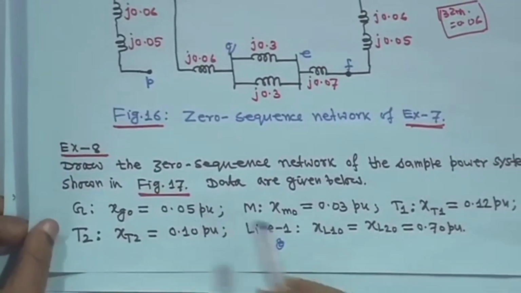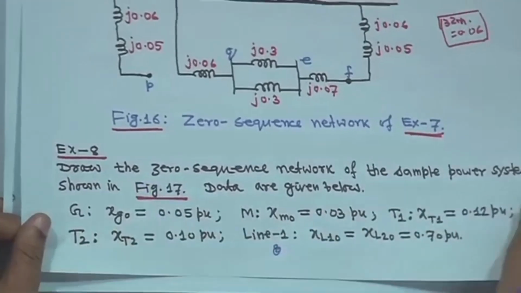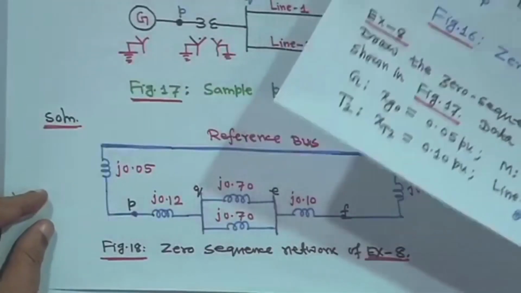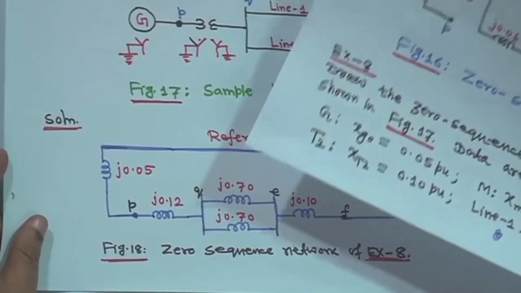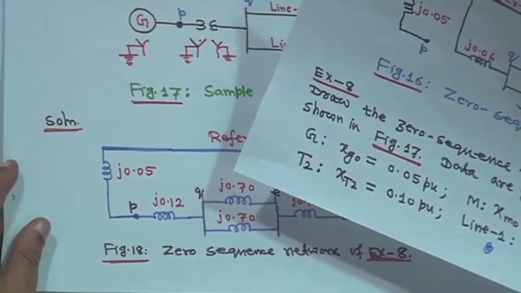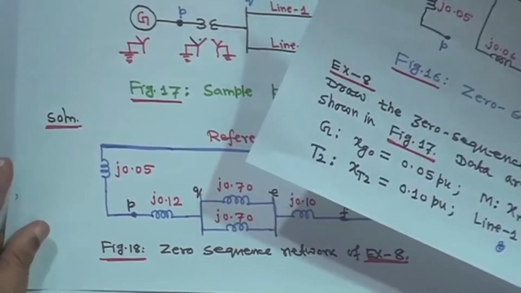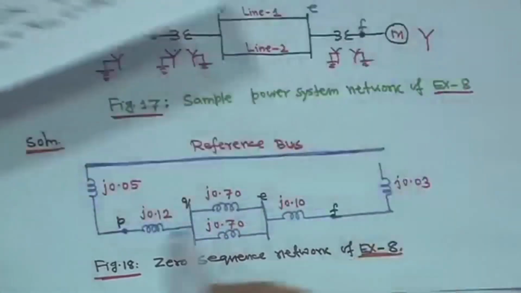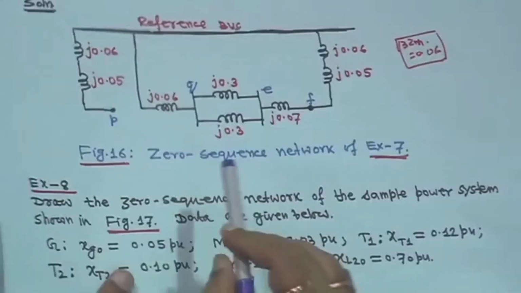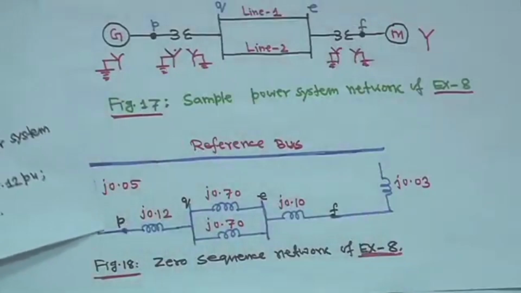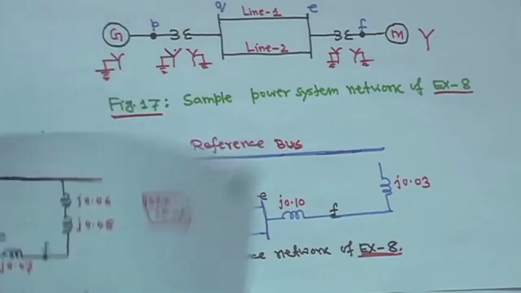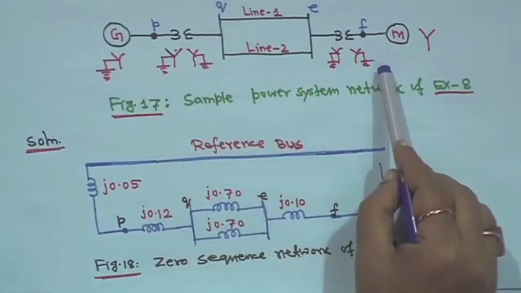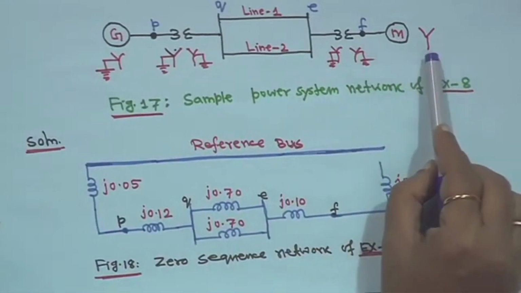So J 0.05, right, and for the transformer, let me see whether Zn is given or not. No, it is not given, and for transformer 1 it is 0.12 per unit. All these are star-star connections, all star grounded except the motor.